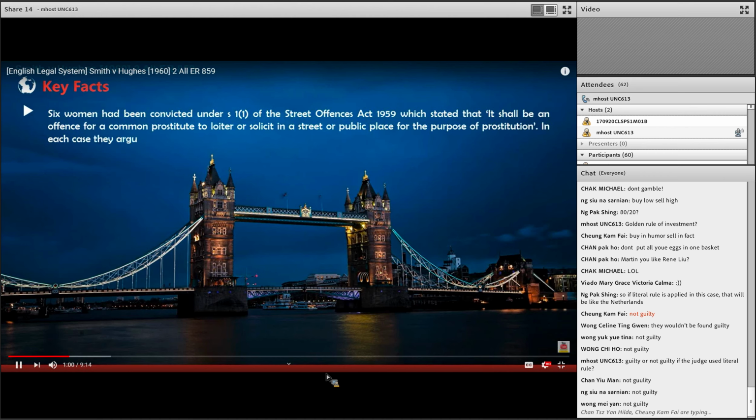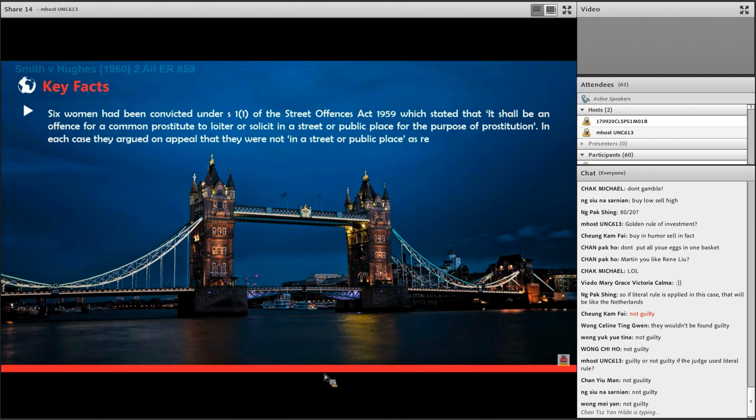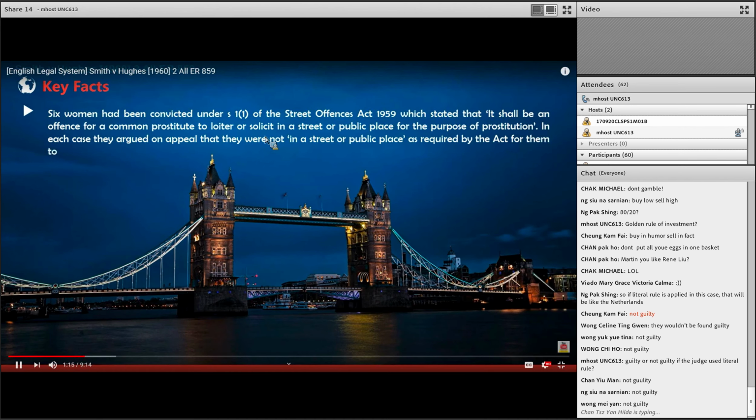In each case, they argued on appeal that they were not in a street or public place as required. One of the elements is that they must solicit in a street or public place. They argued that they were not in a street or public place.